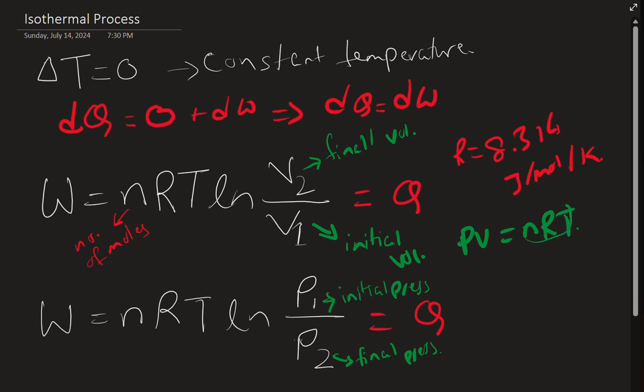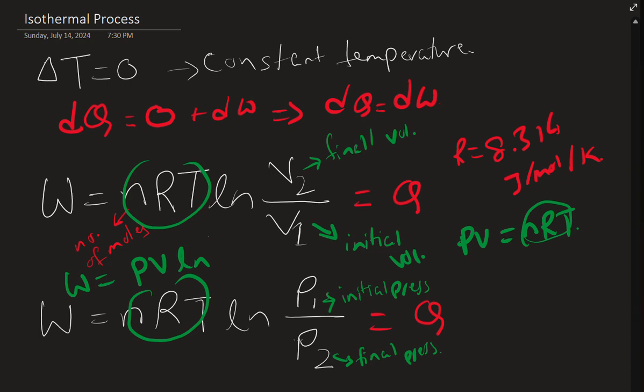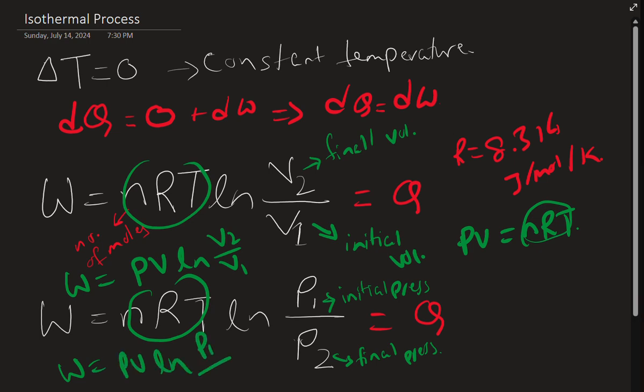Now, this nRT and this nRT and this nRT, they're the same thing. So if we want, we can write W is equal to PV ln V2 over V1, or we could write W is equal to PV ln P1 over P2.